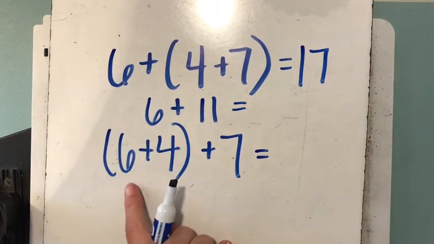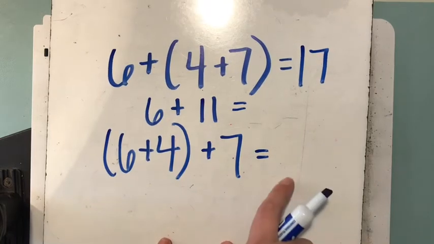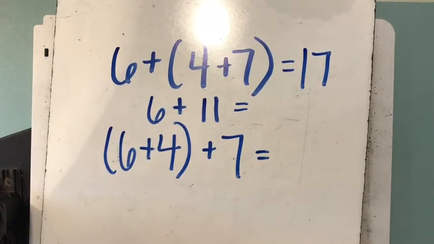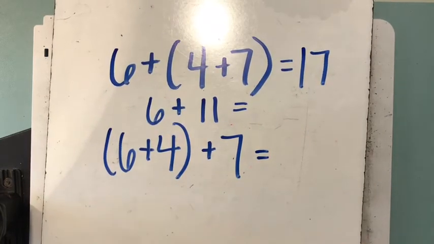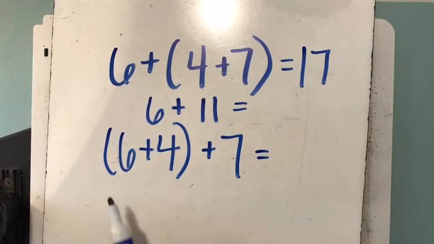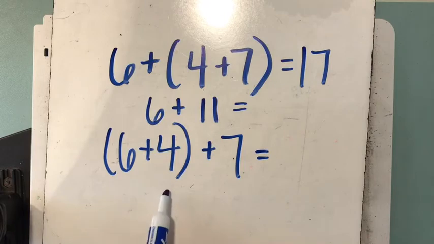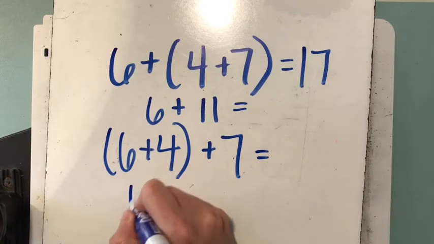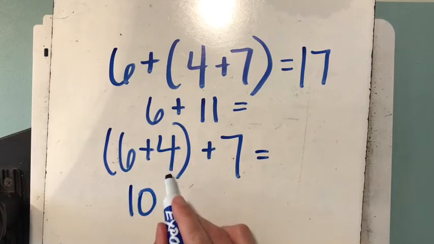Now I'm going to solve this one. I want to see if I get the same sum, because I'm adding. What goes first? The parentheses go first, right? So 6 plus 4. What's 6 plus 4? Try to do it in your head. 10. I did my parentheses.